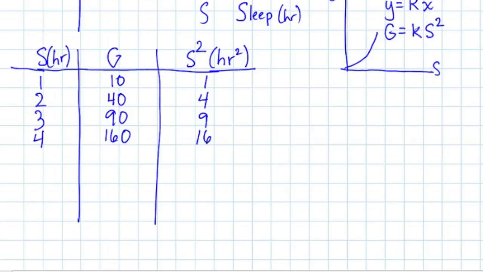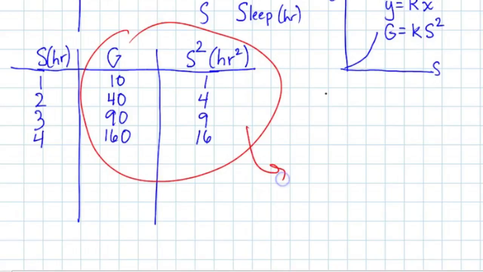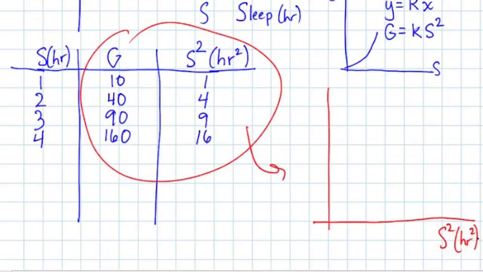And now what I do is I take this new data and I'm going to put sleep squared in units of hours squared on the x-axis, and then I'm going to plot grade, which is still measured in points, on the y-axis.